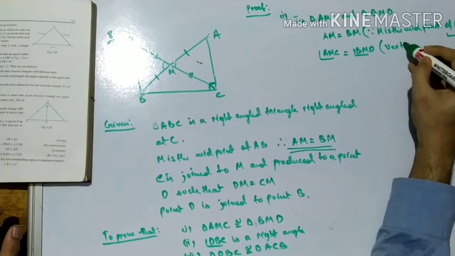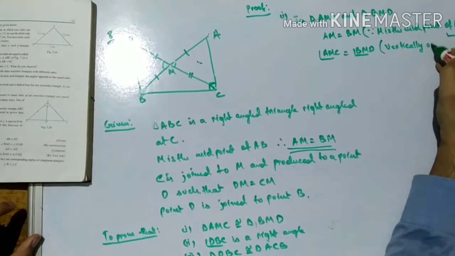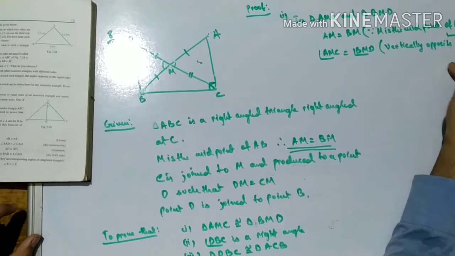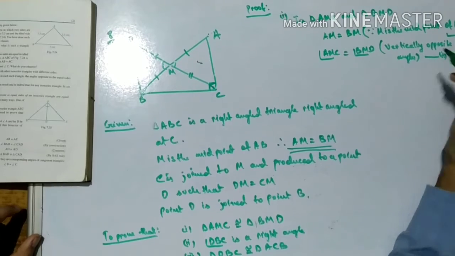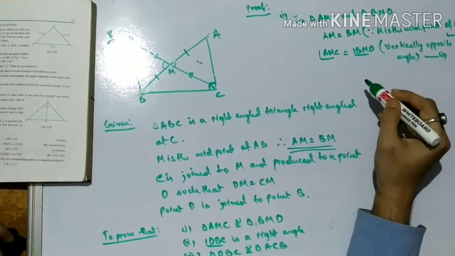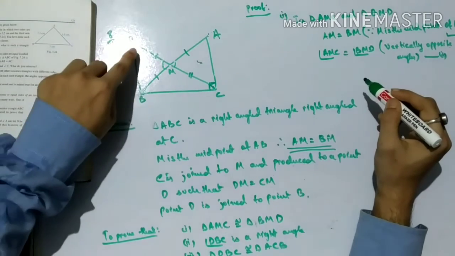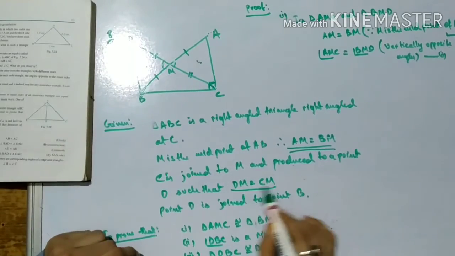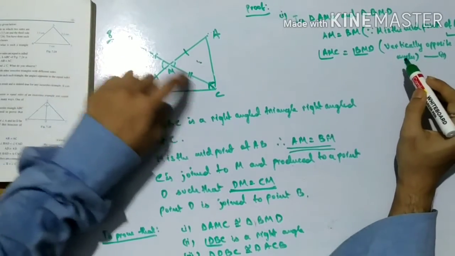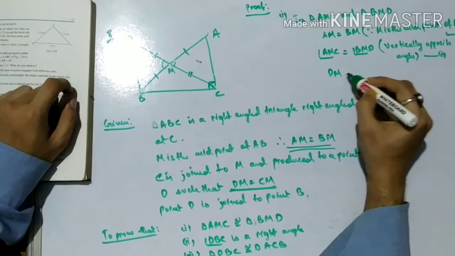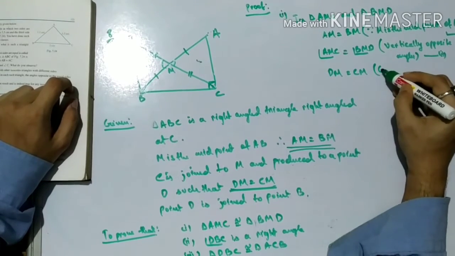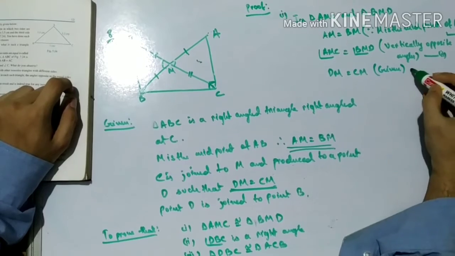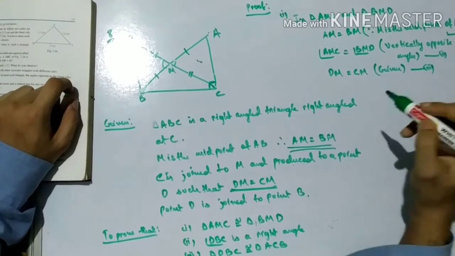They are vertically opposite angles, and this will be our number 2. And next one, what can I say? Already given, DM equals CM, given. This is our given, and this will be our equation number 3.